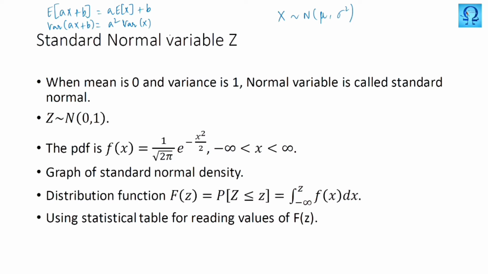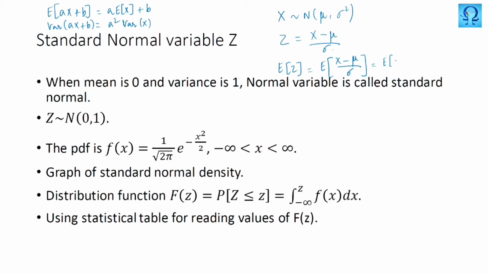Having these two things in mind, you can find a standard normal variate just by substituting z equals x minus mu upon sigma. Now you try to find out the mean of it. It is the expectation of x minus mu upon sigma.